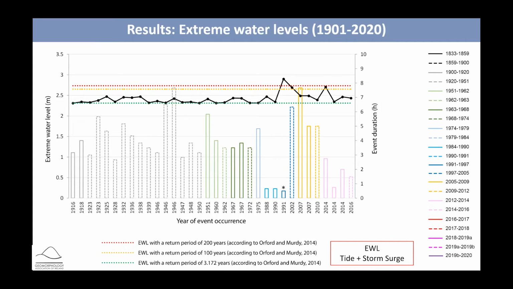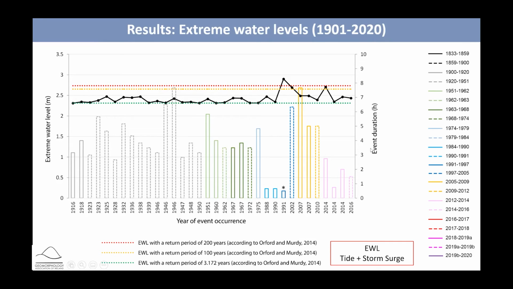Talking about the extreme water levels, which is maybe the most useful forcing parameter here, you can see on the left axis the extreme water level in meters, which refers basically to this black line.